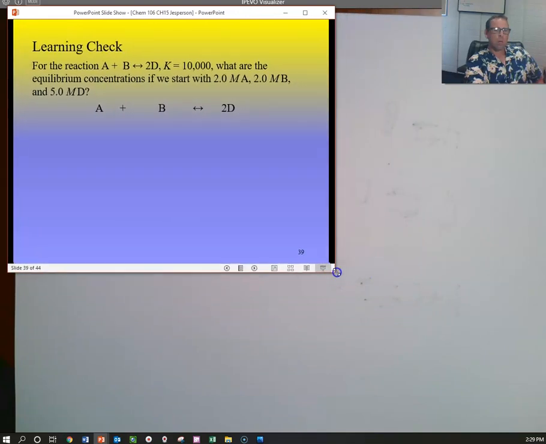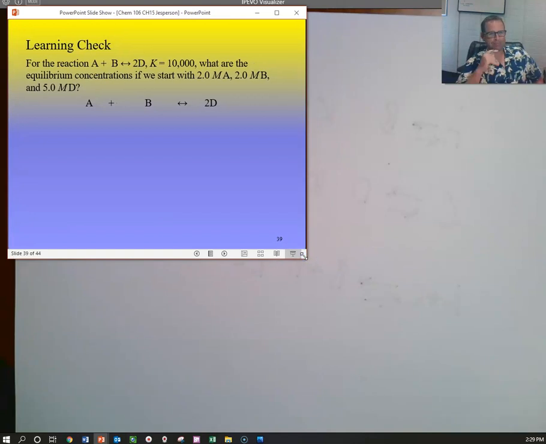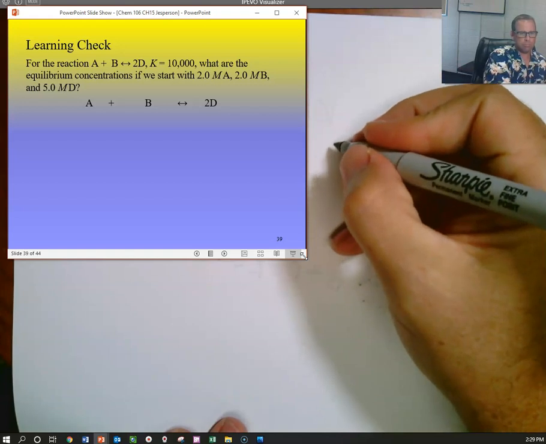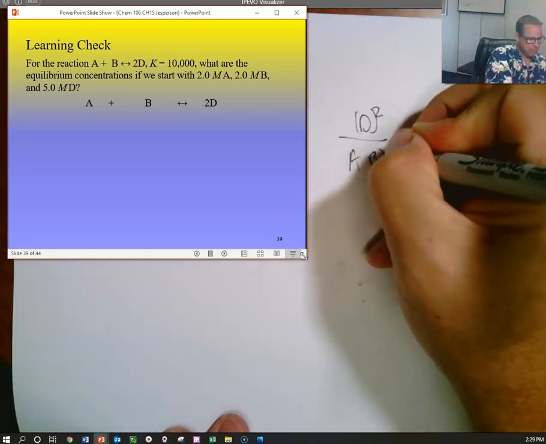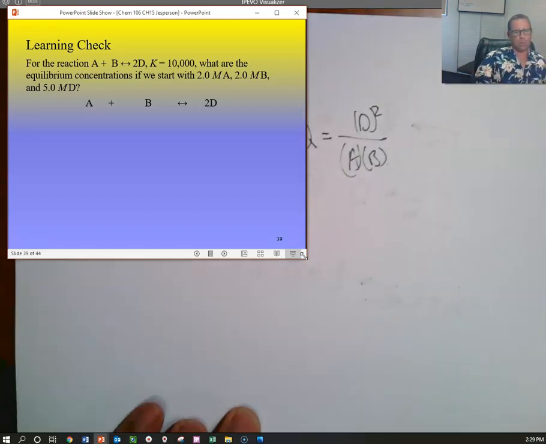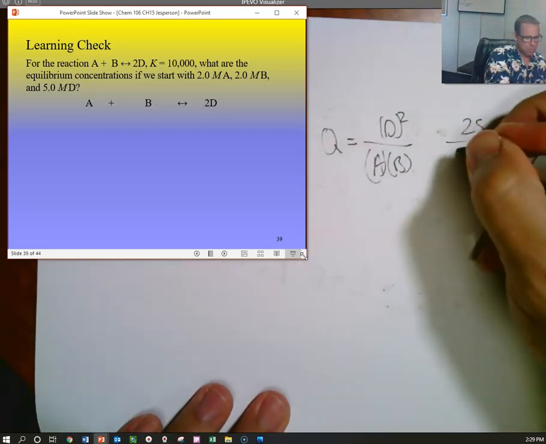Well, we're trying to see if it's at equilibrium. Okay, that's right. First, we have to check whether it's at equilibrium, right? Yeah, so we have to set up the equation, so it's going to be D squared over A times B. Okay. And then it gives us the concentrations, so it's going to be 5 squared divided by 4.